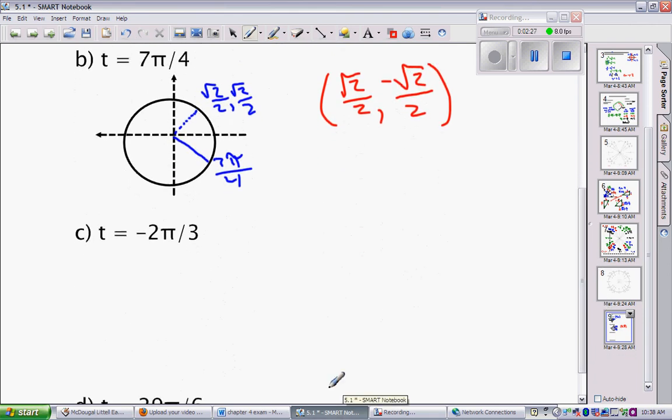For the next one, t is negative 2 pi over 3. So we're going negative now. We haven't done one of these.